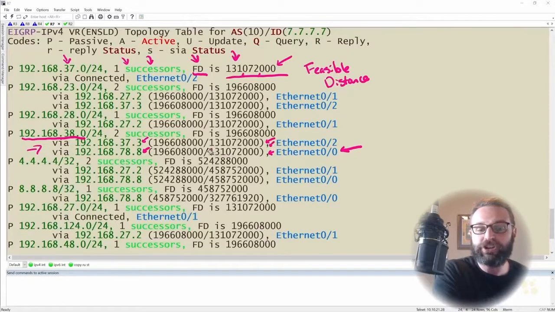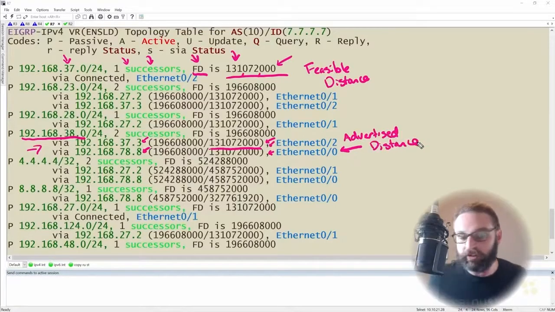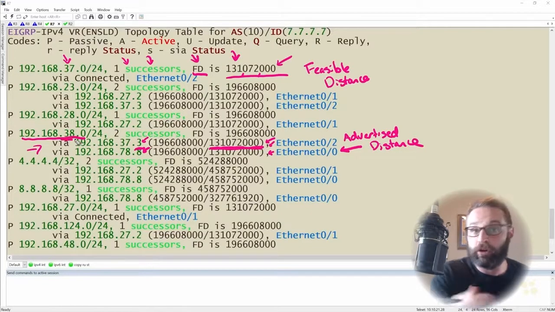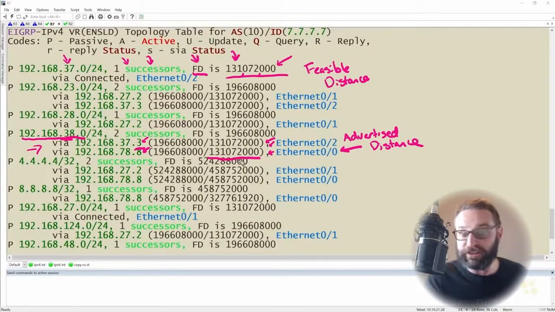When we look in the EIGRP topology table, this is what we call the advertised distance. So what we're saying here is that R3 has advertised its distance of this number to get to this network to us. And R8 has advertised the exact same number, or its metric, to get to the 38 prefix to us as well.